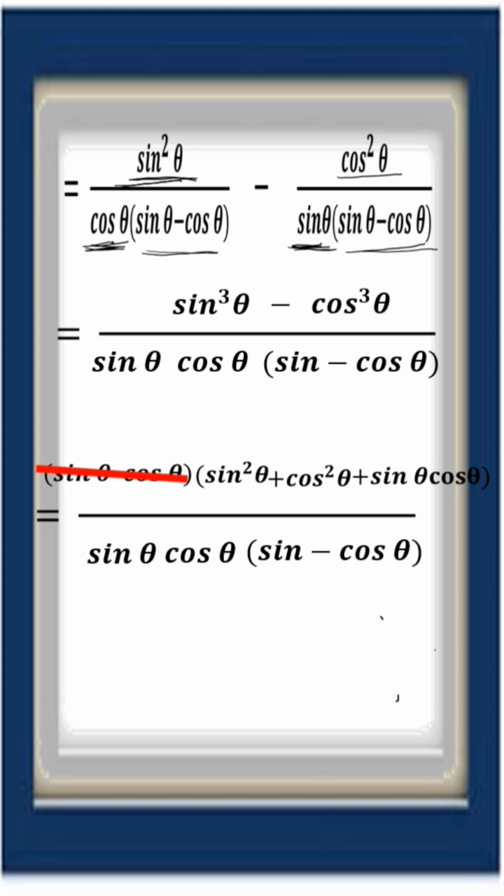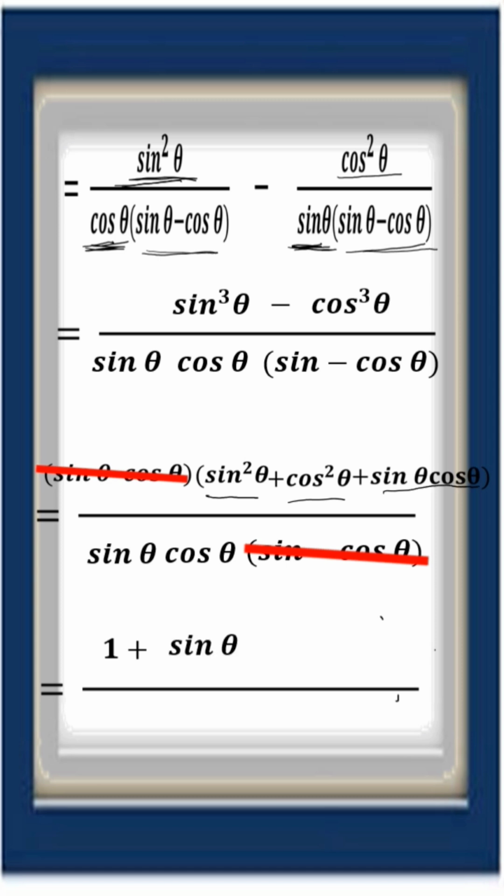Here sin theta minus cos theta in the numerator and denominator get cancelled. So now this is equal to, observe, sin square theta plus cos square theta. What is it? It is 1 according to the Pythagorean identity, plus sin theta cos theta. In the denominator, sin theta into cos theta.